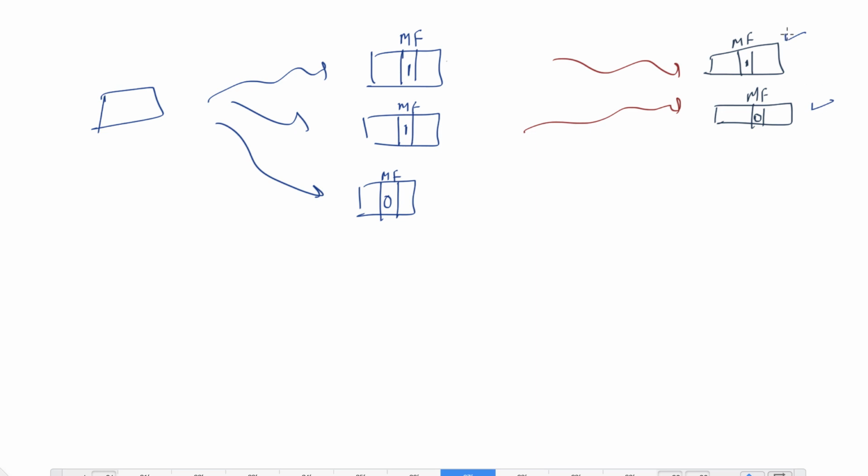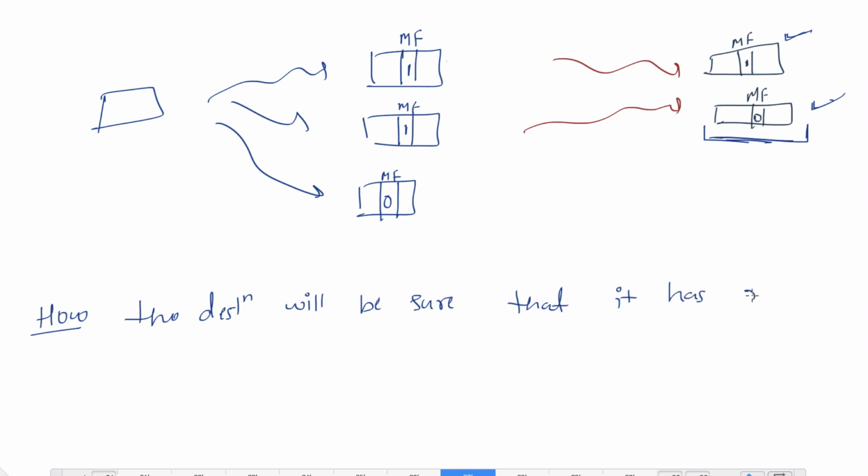It has received the last packet, which is indicated by this MF bit being 0, but how will the destination be sure that it has received all packets, I mean the intermediate packets also?